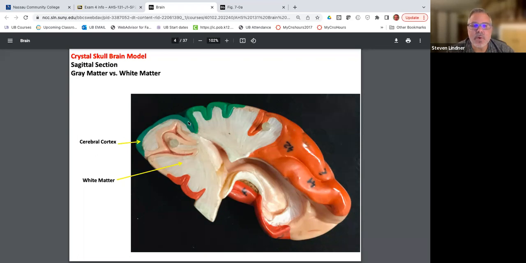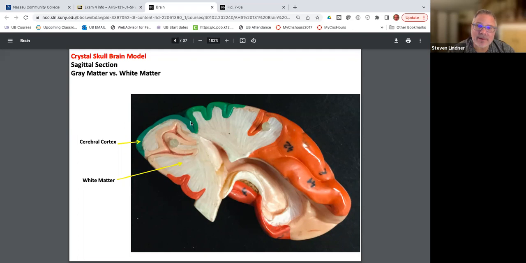And the cerebral cortex of the brain is gray matter. This is gray matter. And internal to that, we have white matter. White matter is myelinated, and gray matter is not myelinated. In the brain, the white matter is more internal.